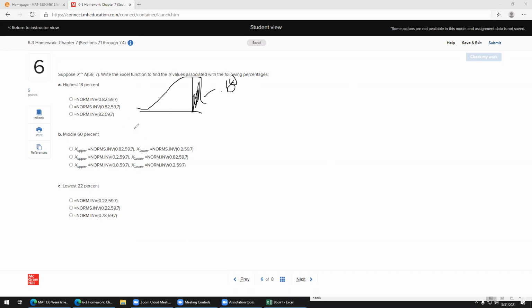Because they give you a mean and standard deviation, you should use those. This is 0.18, this is 0.82, so that means it has to be this one, because going backwards is inverse. So while you work through those, play around with the technology piece a little bit.